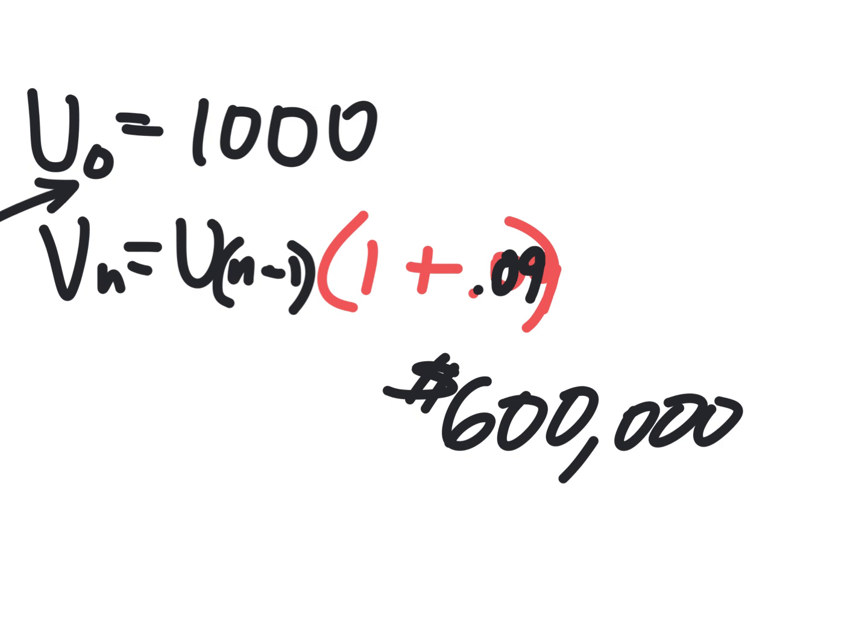The especially big thing that made the difference was how much time you waited. Because see, if you had invested grandma's $1,000 and then you just went after 20 years and looked at how much there was, it's going to be way less than that if you only wait 20 years. It was the magic of waiting 75 years.